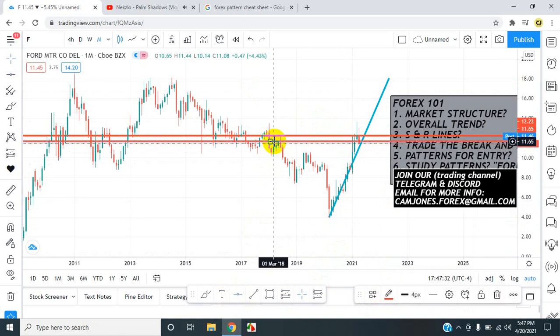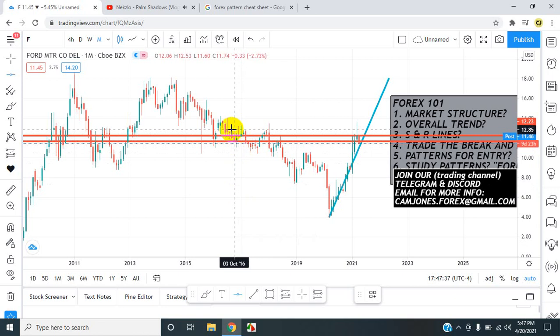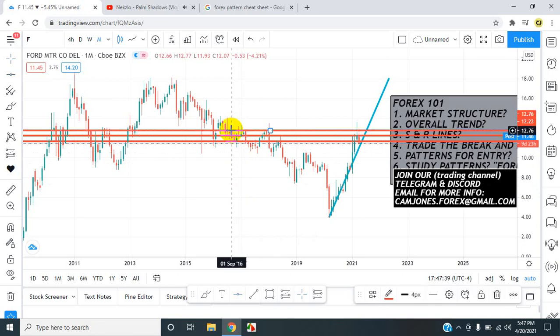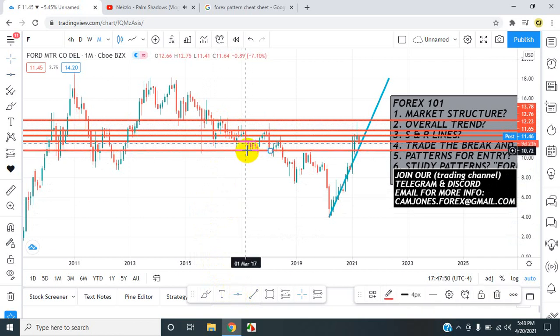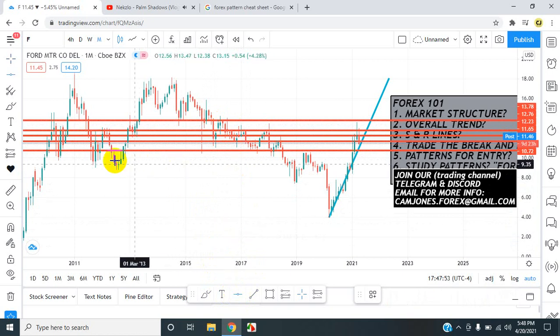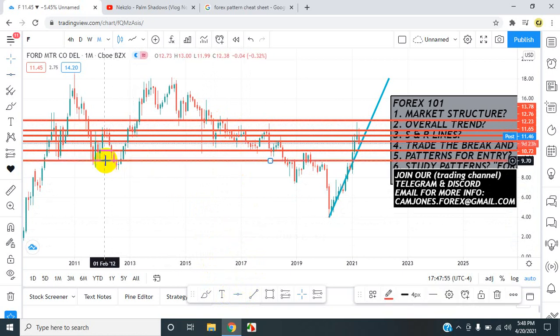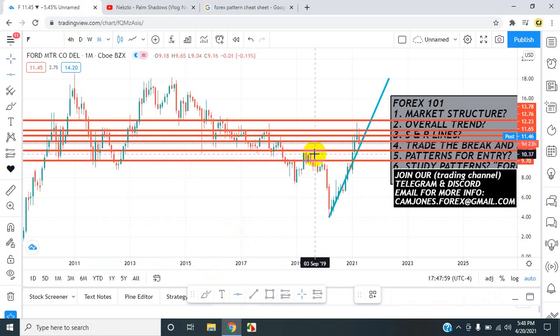There's a peak here. There's a peak here. Peak here. There's an inverted peak here. There's another peak here.